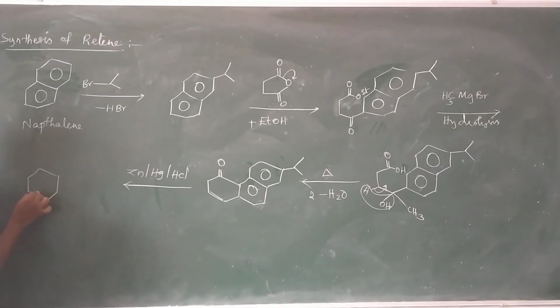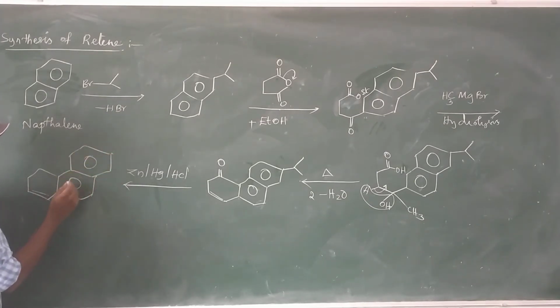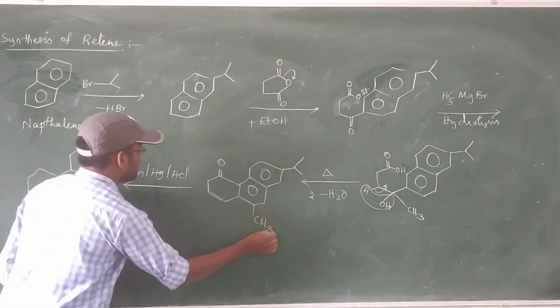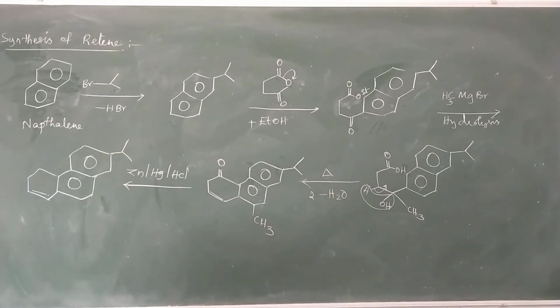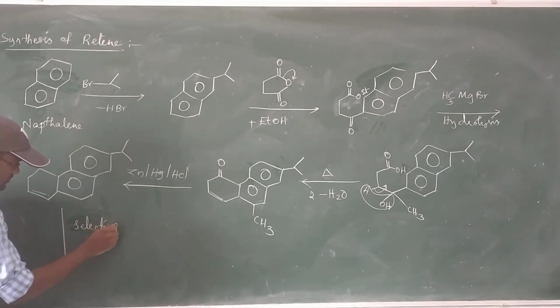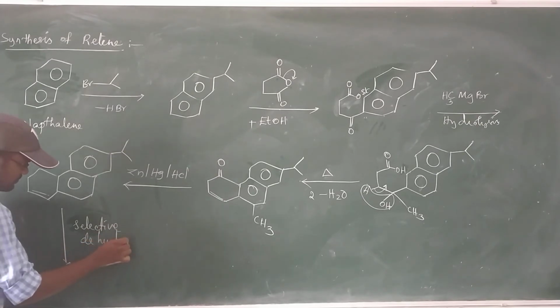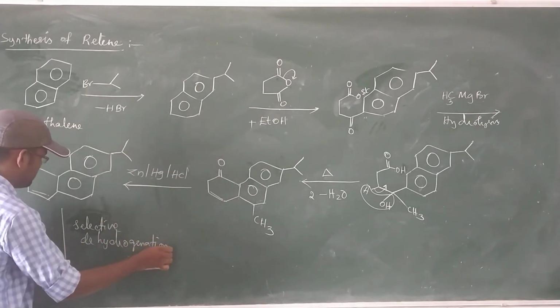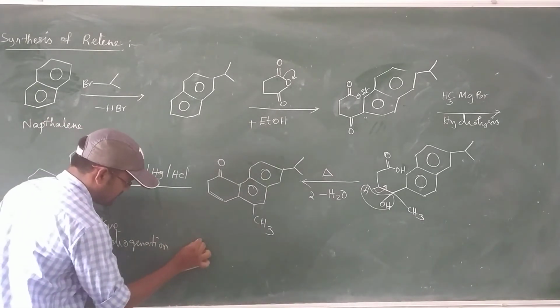Then this is the second ring, the third ring with the isopropyl part, and finally it undergoes selective dehydrogenation. As a result, the final product is retene.